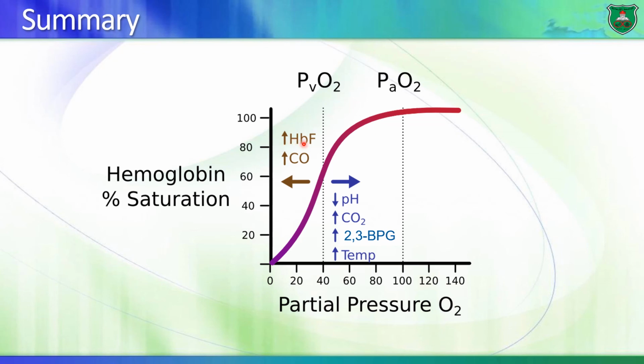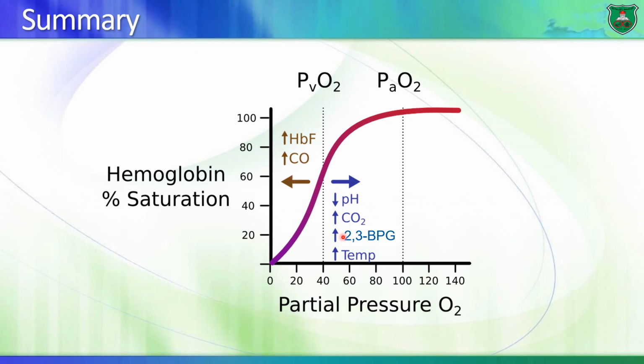It has higher affinity as a result of this amino acid change from histidine to serine. Carbon monoxide also increases affinity, but it's fatal because not only does it occupy oxygen binding sites, it also prevents the release of oxygen in tissues.